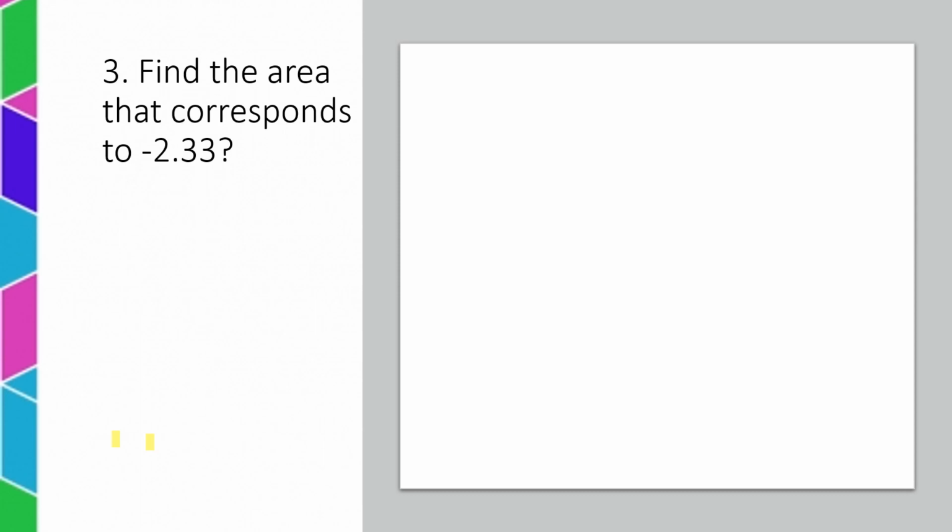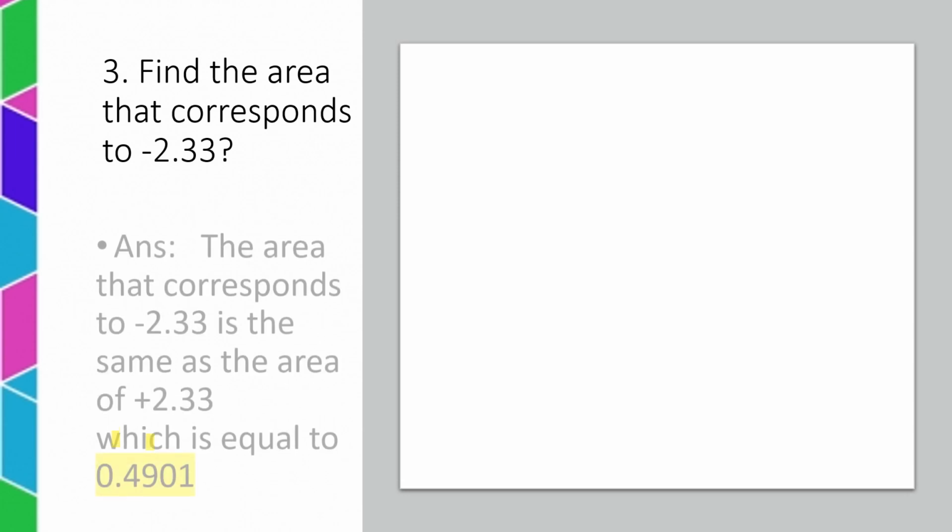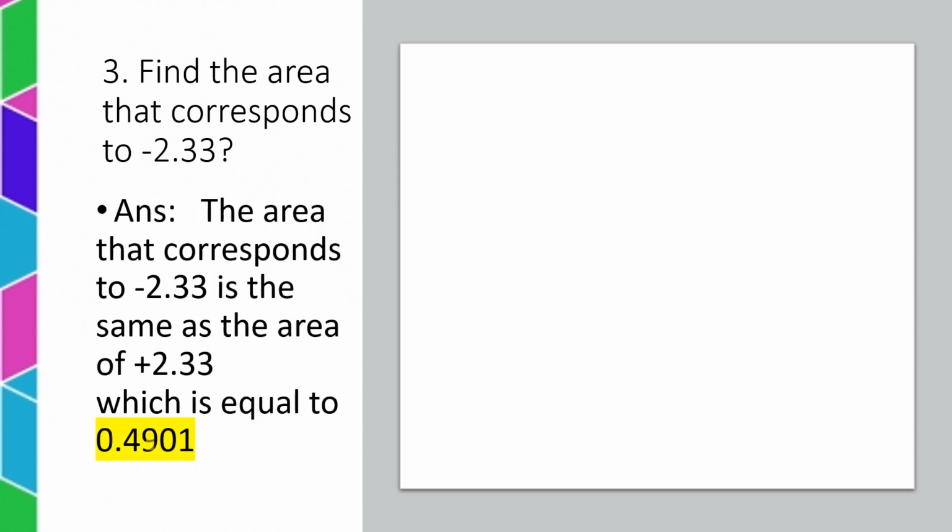Okay, next example. Find the area that corresponds to negative 2.33. So our Z value is equal to negative 2.33. So since sa table, wala naman tayong negative, diba? So the area that corresponds to negative 2.33 is the same as the area of positive 2.33.